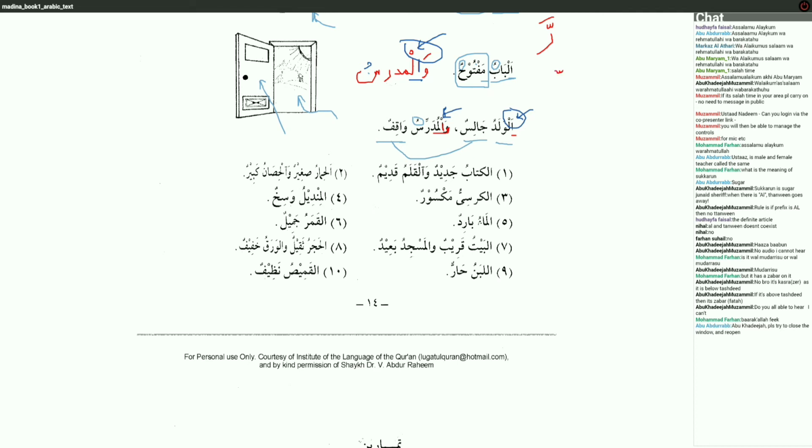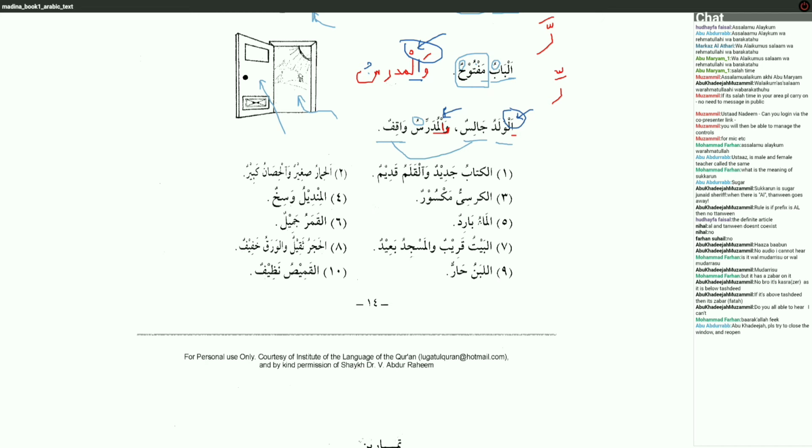And how would you read it if it was looking something like this? Ri. Jayyid. Because the sign is underneath the shadda. So even though it's on top of the letter, if it's under the shadda, then it's going to read a kasra or a zer, as some people might call it.